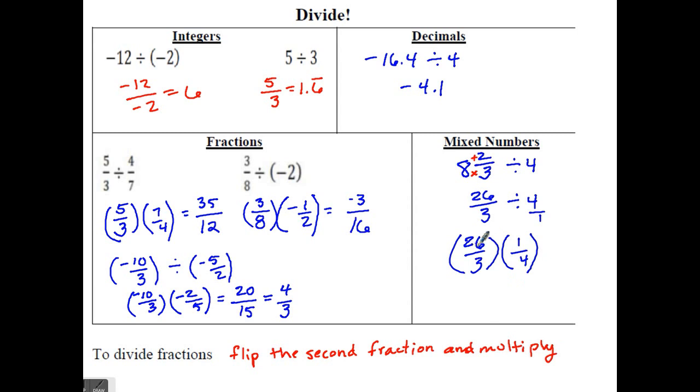We multiply across. 26 times 1 is going to be 26. And 3 times 4 is going to be 12. And we can reduce this by dividing both sides by 2. 26 divided by 2 is 13. 12 divided by 2 is 6. And that would be reduced.